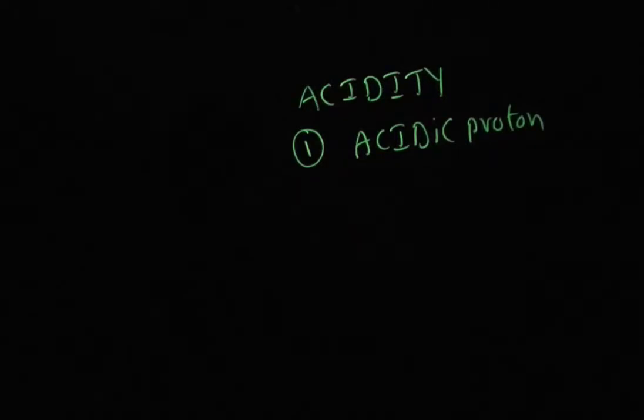There is a small trick so that you can do any question regarding identifying the acidic proton. The trick is the hydrogen of COOH. That means the carboxylic acid hydrogen is acidic. This order is a must, you have to remember this order. The first acidic hydrogen will be the hydrogen of COOH.